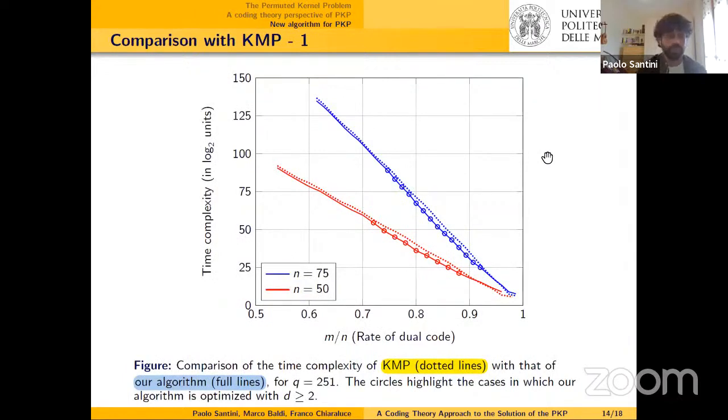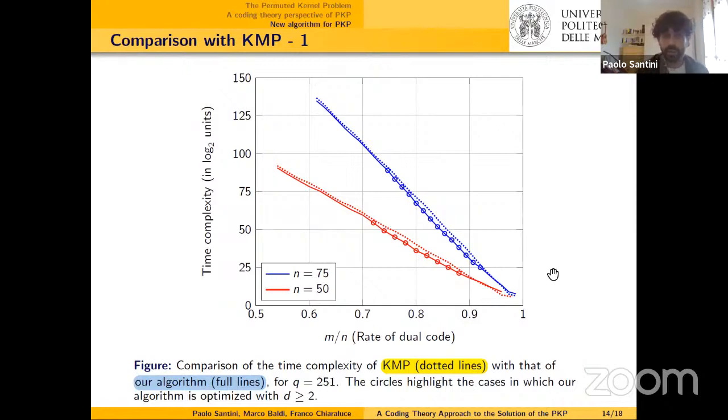Now, let's see how our attack compares with KMP. In this slide, I have reported an example for the case of Q equal to 251 and considering two values for the code length, 50 and 75.